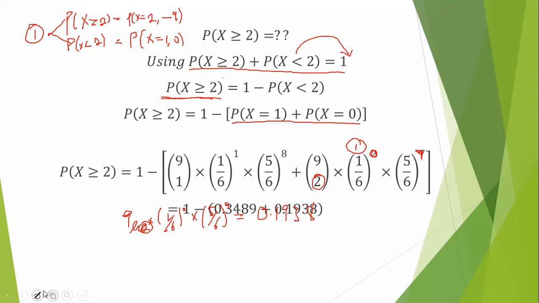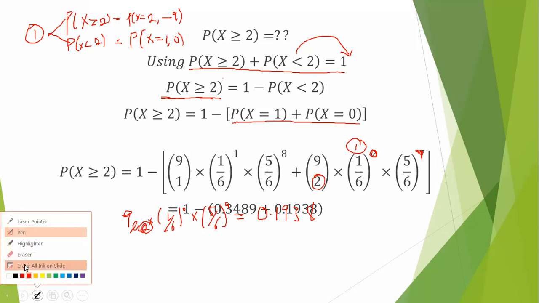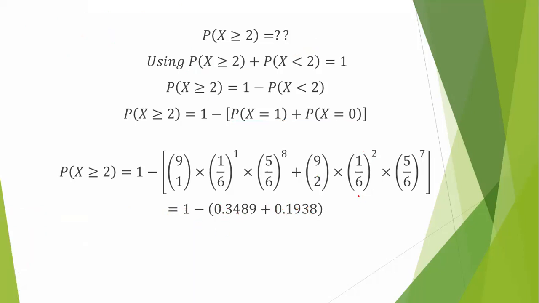Okay, it was the one. So this is giving us 0.19 because here it was a mistake. So this should be a 0, this should be a 9. So now we get 0.3489 plus 0.1938, and then we get 1 minus the answer.